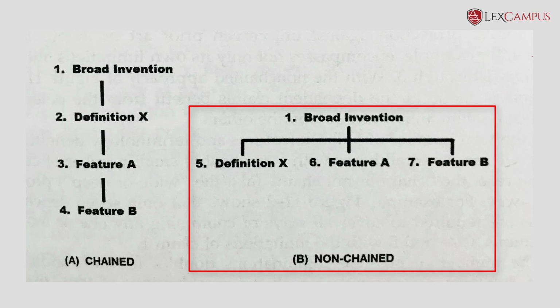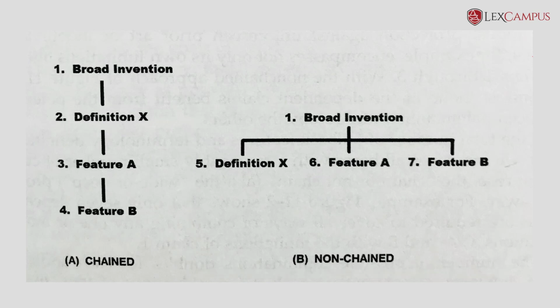So you would recite claim 5 as an apparatus of claim 1 and then wherein or characterized by you define element X. You could have claim 6 directly flowing out of claim 1 wherein you would say apparatus as of claim 1 wherein a feature which you want to introduce of the element X can be defined or introduced there. Similarly, you could have claim 7 where you introduce feature B directly from the main independent invention, the broad invention. Now this is one arrangement.